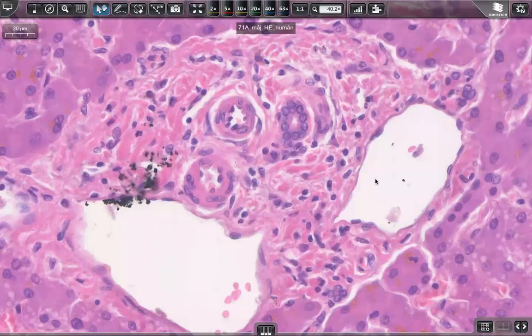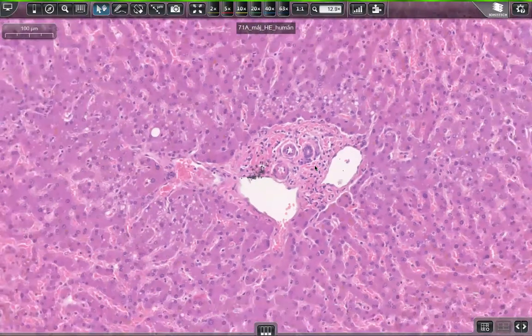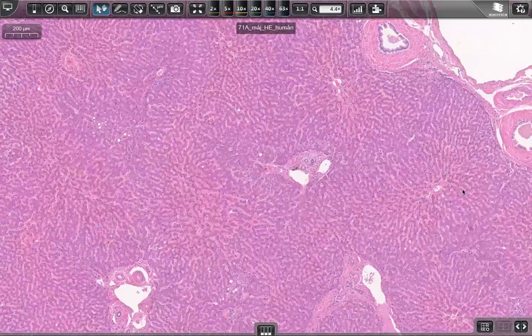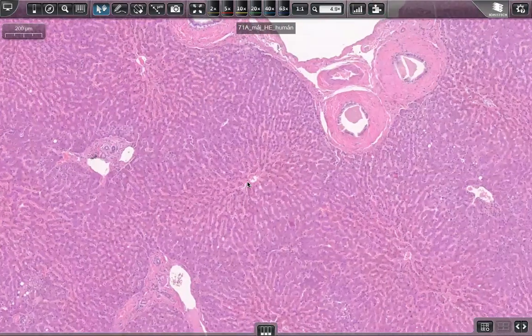Okay, so we have three types of structures among the hepatic lobules. And there is another thing that I definitely want to cover. Let's go back to this.